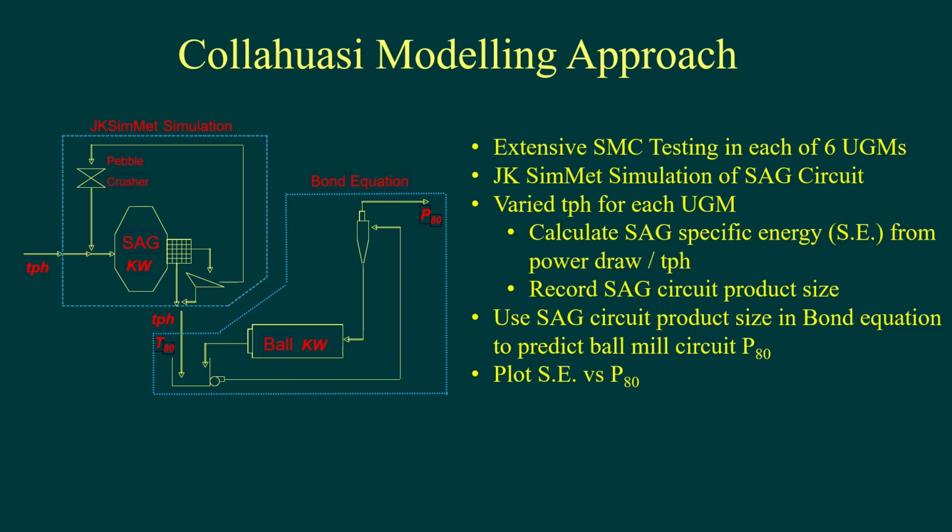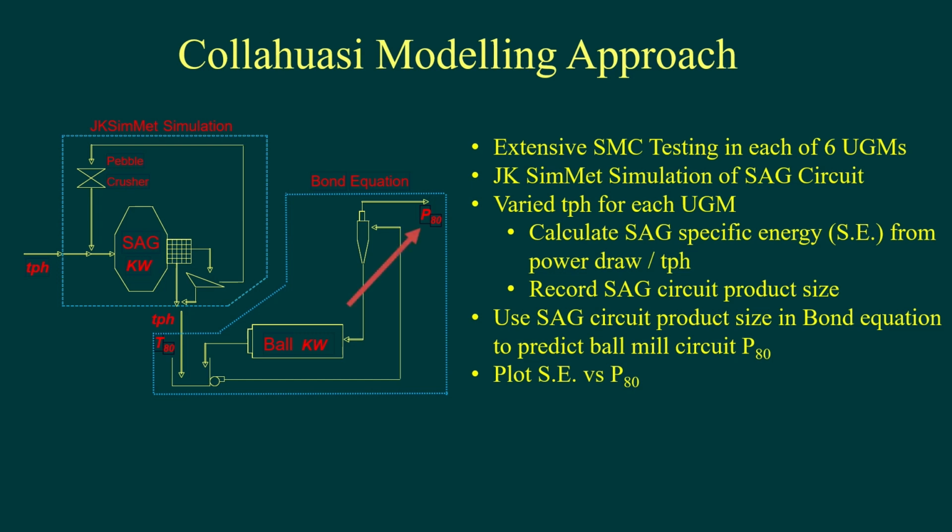So they looked at the size distribution coming out of the SAG mill, the available power that they had here, the tons per hour that they were simulating. So from the ball mill circuit, they had for each of these simulations a kilowatt hours per ton, a feed size, and from that they could predict then what their ball mill circuit P80 would be.